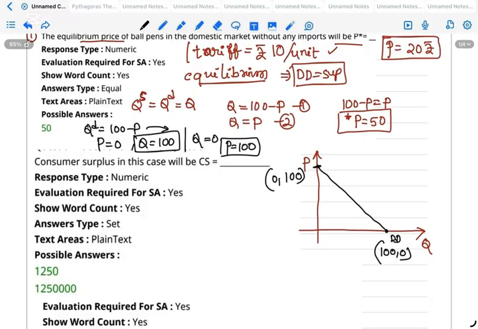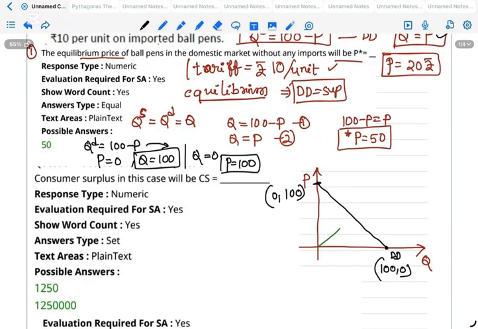And the supply curve is QS equals P. The green line is the supply curve, passing through the origin. This point is the equilibrium point. The point on the x-axis is Q star, the equilibrium quantity, and this is P star, the equilibrium price.